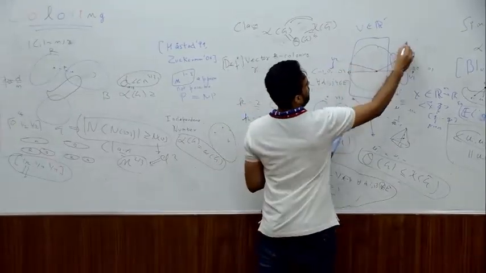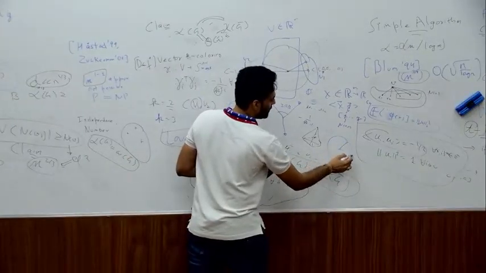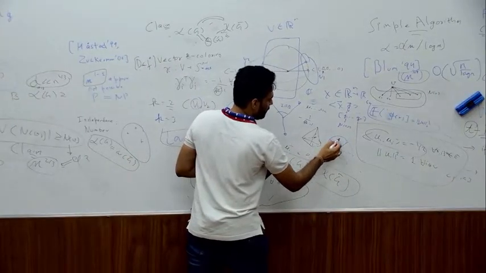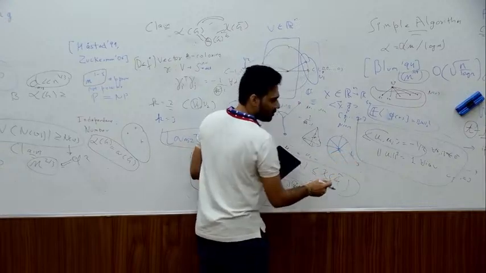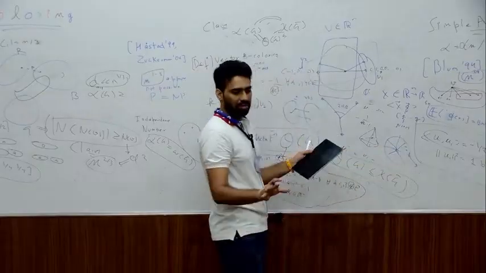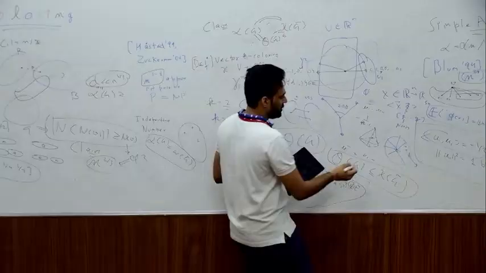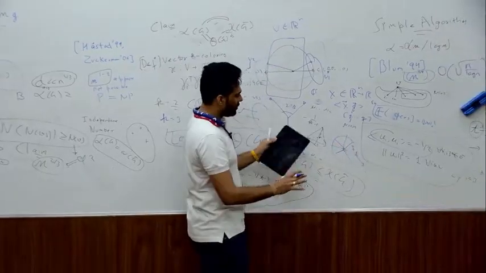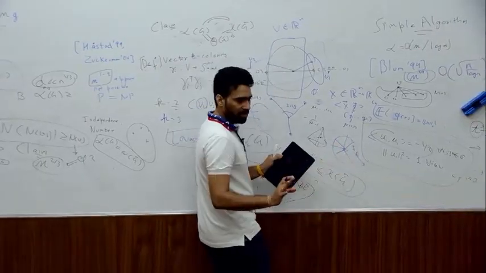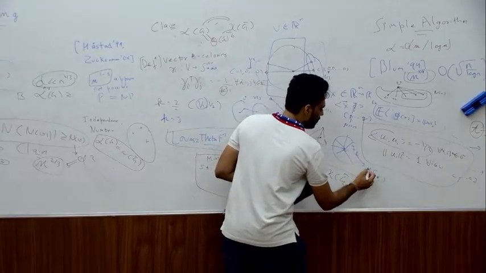The whole space is divided up into 2 to the power t regions, and you can show that in each of the regions, the probability that an edge lies within it gets small enough. I won't define what small enough means, but you can then use some order log n extra colors to actually color the graph.